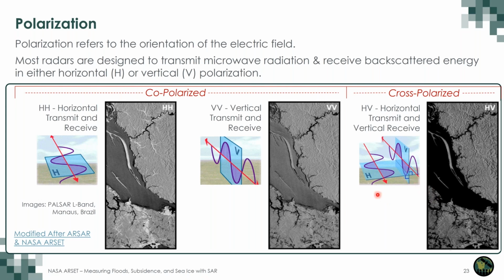So we transmit horizontal and we receive vertically. This allows you to understand depolarization. So in this case, you're recording signals that were changed in their polarization, and we'll talk a little bit later here on the slide about what causes depolarization and what this cross-polarized term tells you.